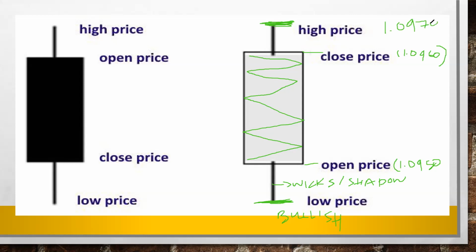So the market can move up to 1.0970, but close below, because each and every candlestick has a time frame of opening and closing.